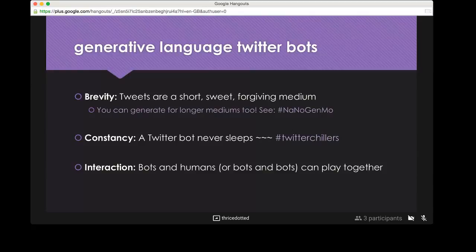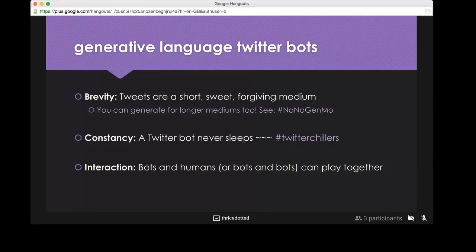But there is this opportunity for bots and humans, or bots and bots, to quote unquote talk to one another on Twitter. And some really interesting interactions can arise from that because we as humans really like to make things connect and fill in the blanks, and create narratives out of things where there might be a bot that doesn't understand what it's saying, but we put meaning into that. So those are some reasons that you might want to make bots on Twitter.